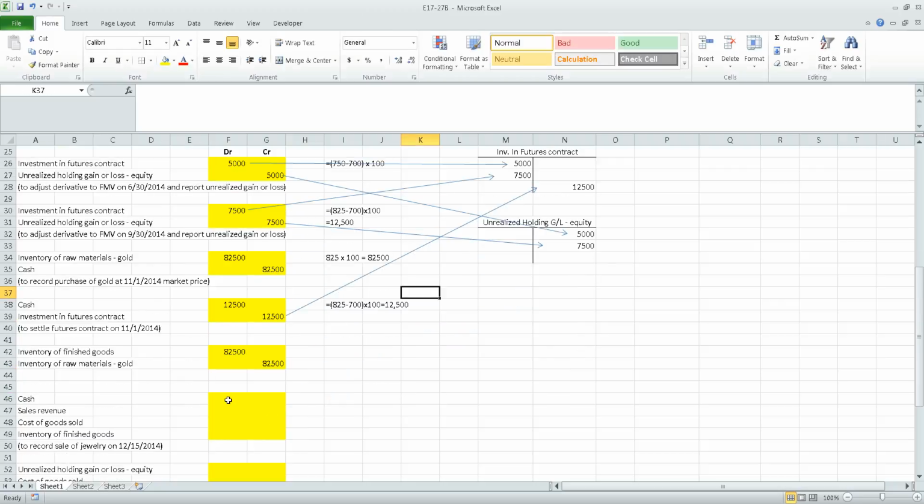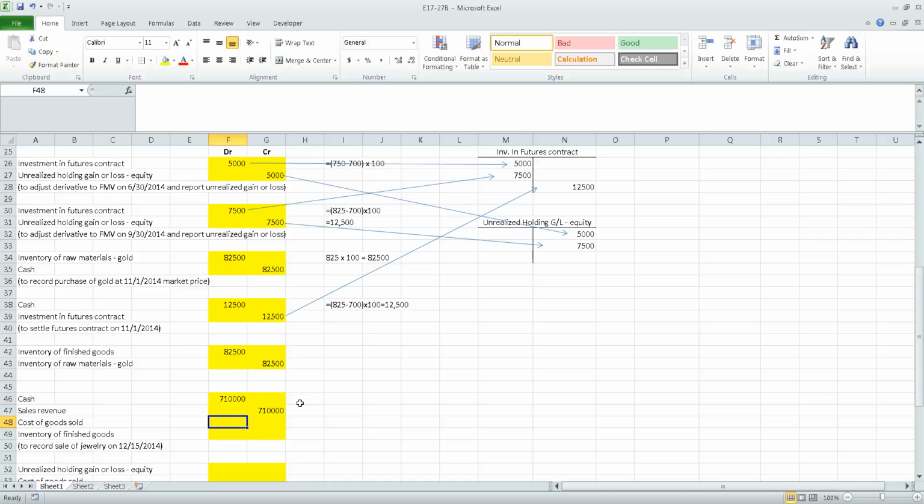So we're going to book the sale here. The agreed upon sales price for the jewelry was $710,000. Credit sales revenue by that amount. Let's just assume that we got paid cash rather than selling on account, so the offsetting debit goes to cash.